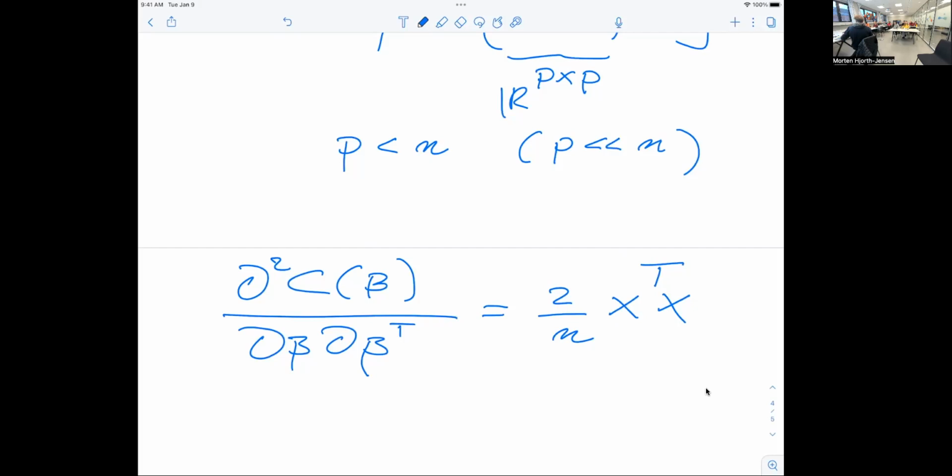We're going to show that this is a semi-positive definite matrix, which means that all eigenvalues are larger than or equal to 0. And that leads to a convex optimization. So that's very important, because we know that there is a global minimum. Okay, any questions? These are just technicalities.